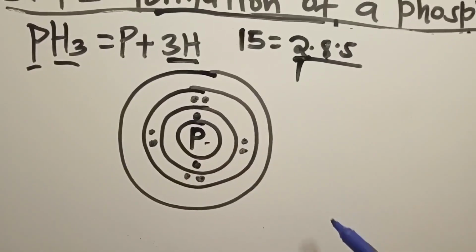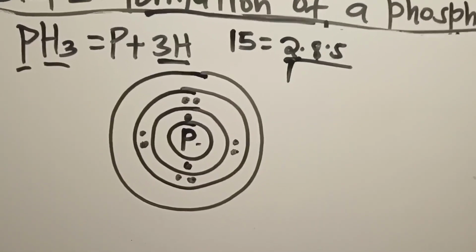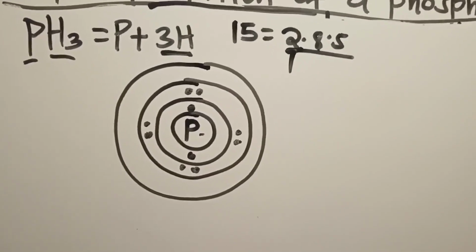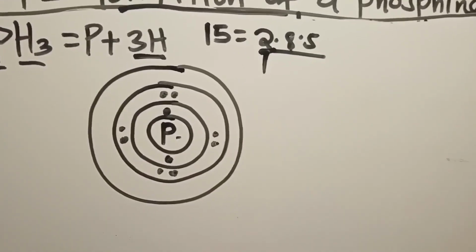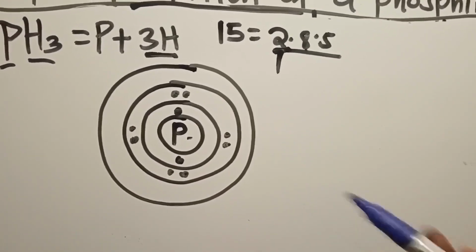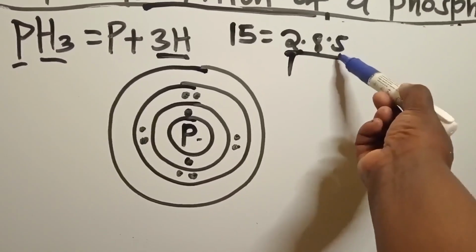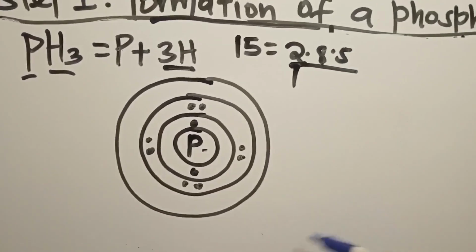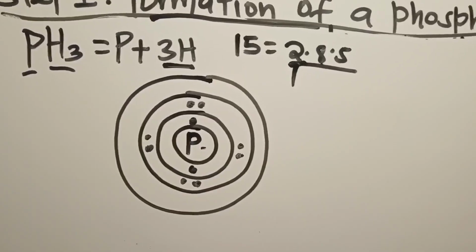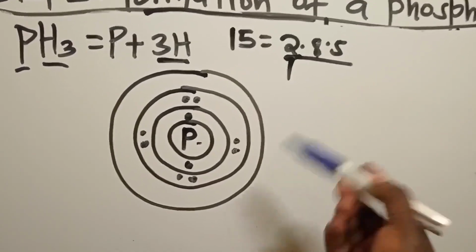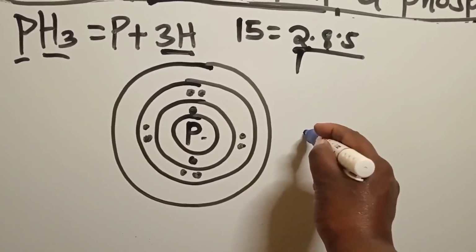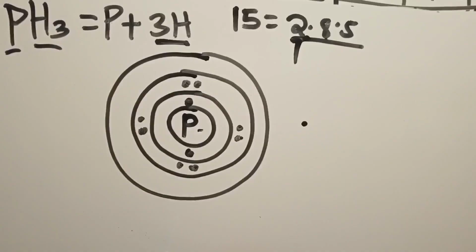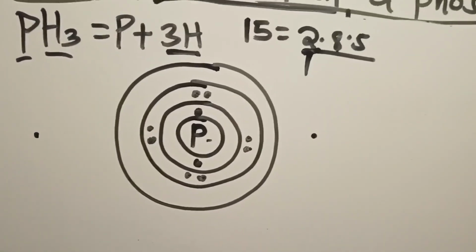And now that you are expecting that hydrogens, each one of them will be sharing 1 electron with the phosphorus, and there are 3 of them, you can arrange the 5 electrons at the points where you think you'll be putting your hydrogens. Like for me, I'll be putting 1 hydrogen on this side, another one down here, and another one on the other side.